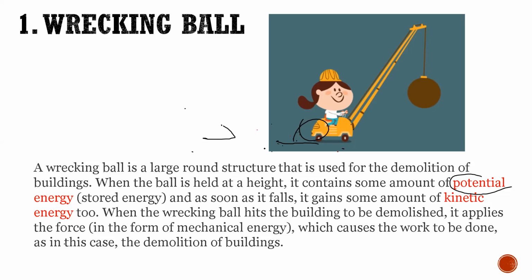So it uses both of these two energies. Which are they? Potential and kinetic. They use both of them as a mechanical energy. We know that the energy is converted to work, that we use this work to do its job. Let's have another example now.